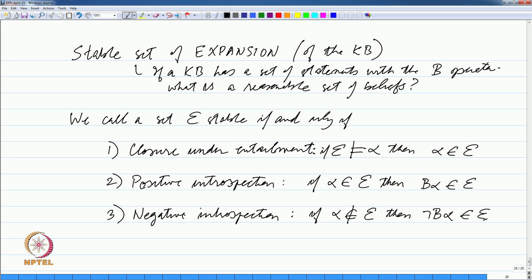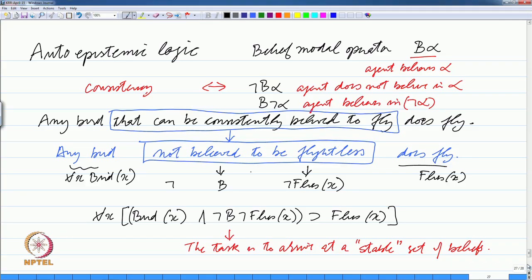And if you go back to the statement that we wrote about birds, the statement said that if x is a bird and if you do not believe that x does not fly, then x flies essentially.